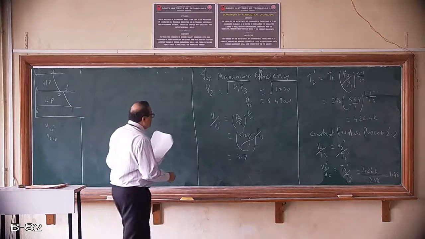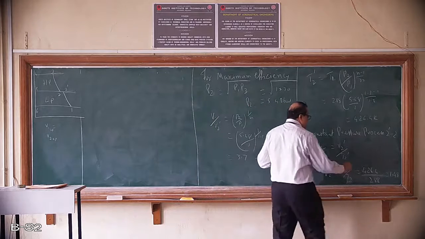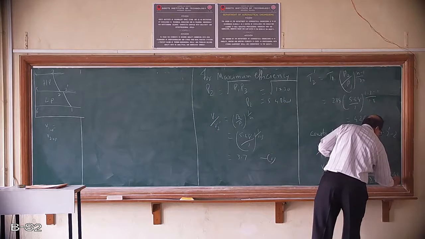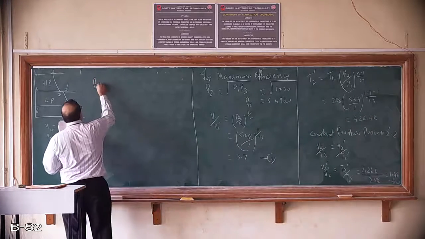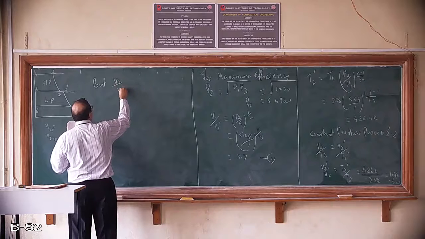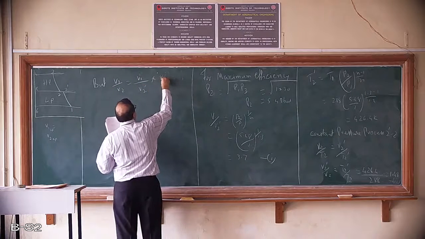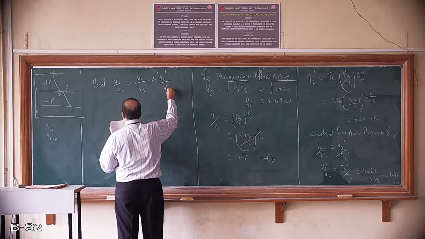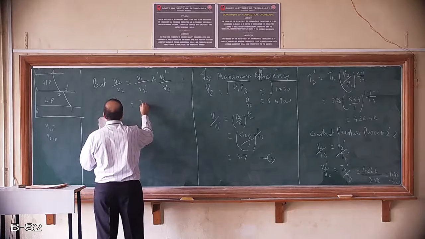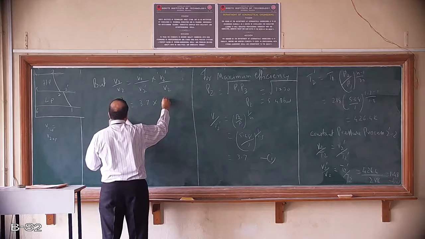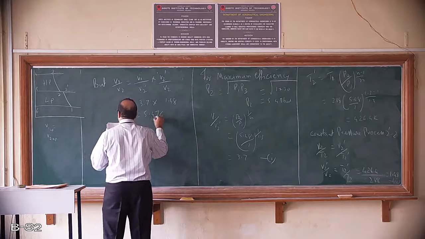So this is 1, I can take this as 1, this as 2, but we want V1 by V2, which can be written as V1 by V2 dash into V2 dash by V2. So we know V1 by V2 dash is 3.7 and V2 dash by V2 is 1.48, which is 5.476.